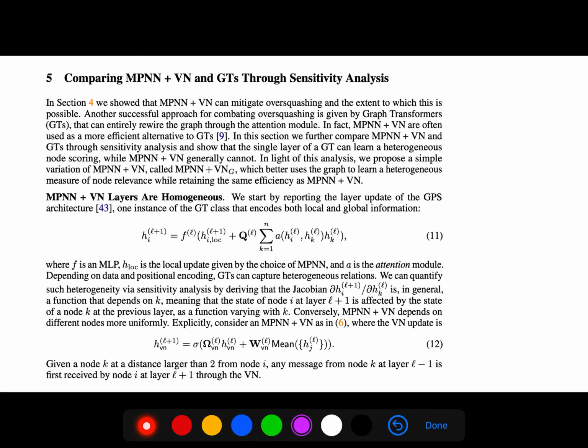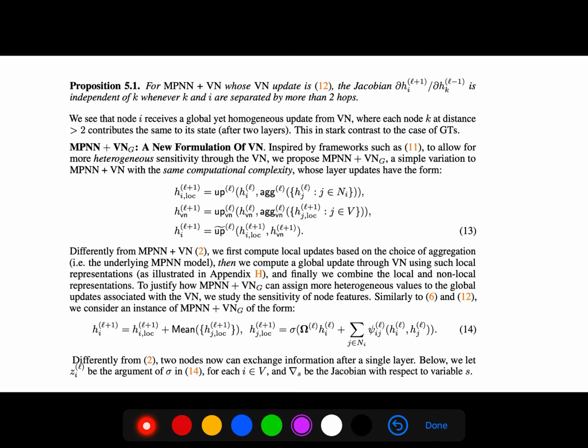So, inspired by this 11, where the layers are homogeneous, to allow for more heterogeneous sensitivity through the virtual node, we propose this update, a simple variation to message passing and virtual node, with the same computational complexity.